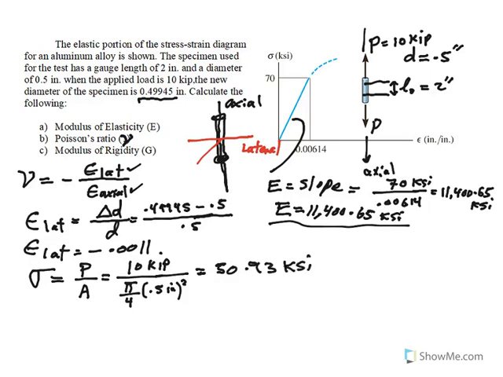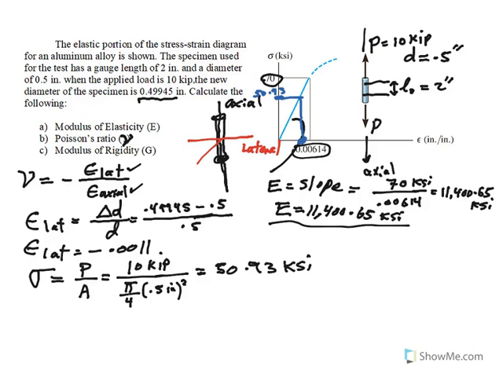So what we are trying to find out is, at this value of 50.93 KSI, what is the epsilon? That's the axial epsilon. A typical mistake is that some people take this number by mistake. That is actually the epsilon at this value of 70 KSI stress.